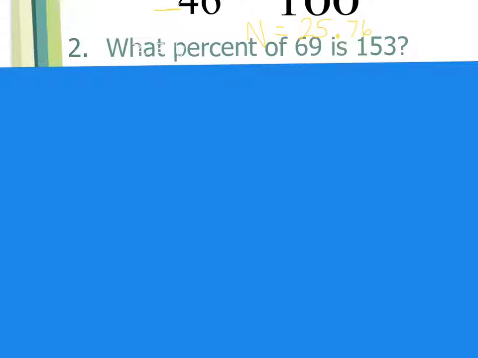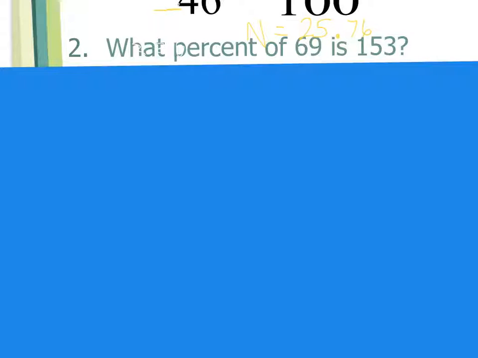Now let me show you proportionally. Remember, when you set up a proportion, you're comparing part to whole. What percent? The letter n, or x, or p, is the variable in this case that's telling me percent.